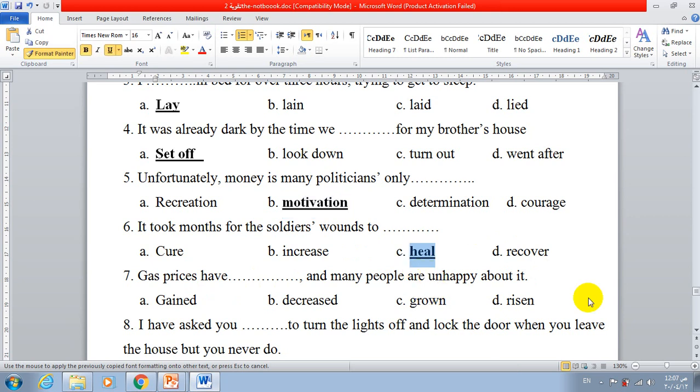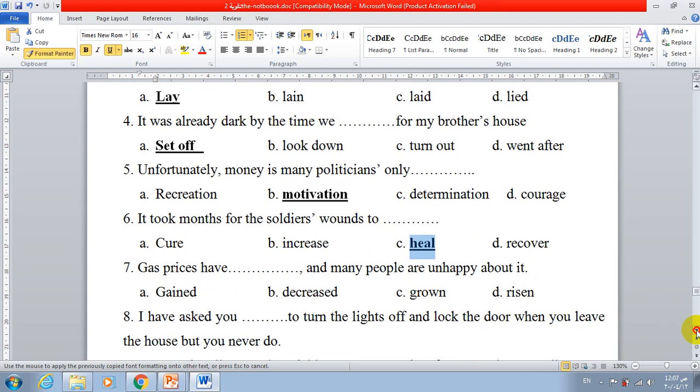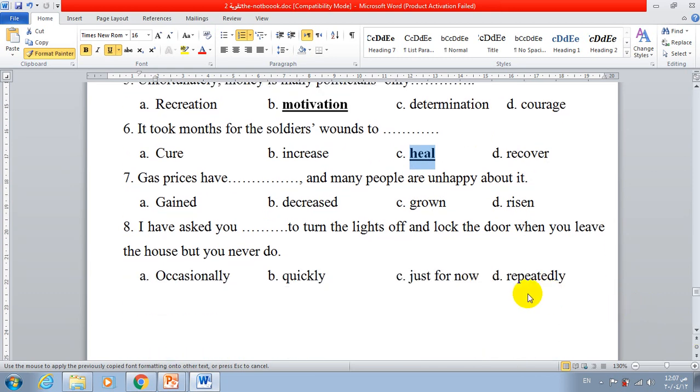Letter C is the right answer because, like I told you, we use heal with the wounds.